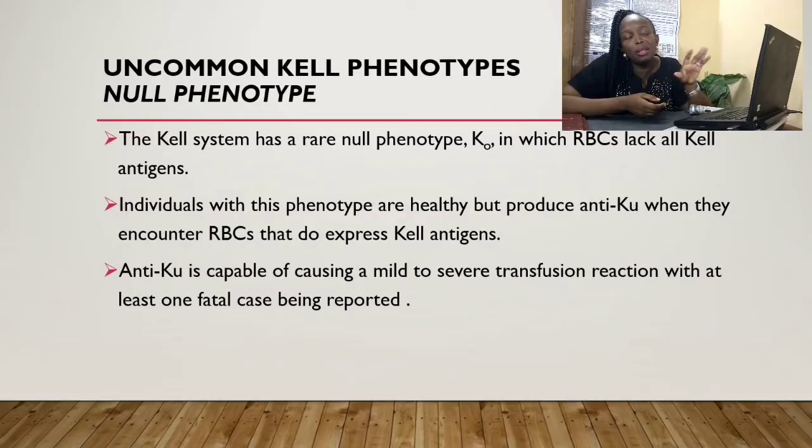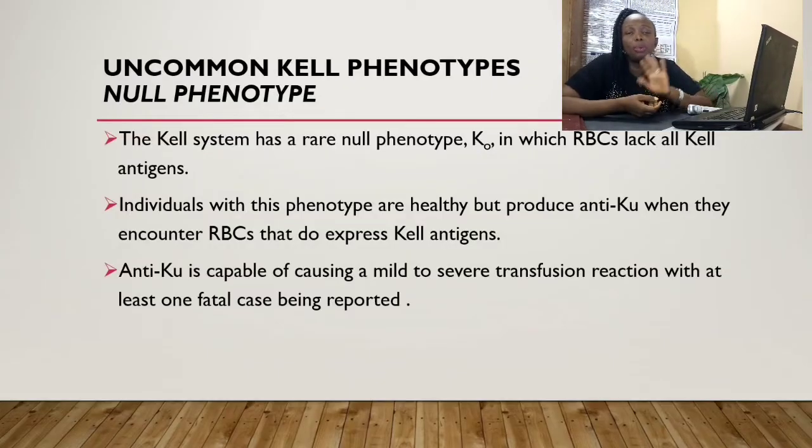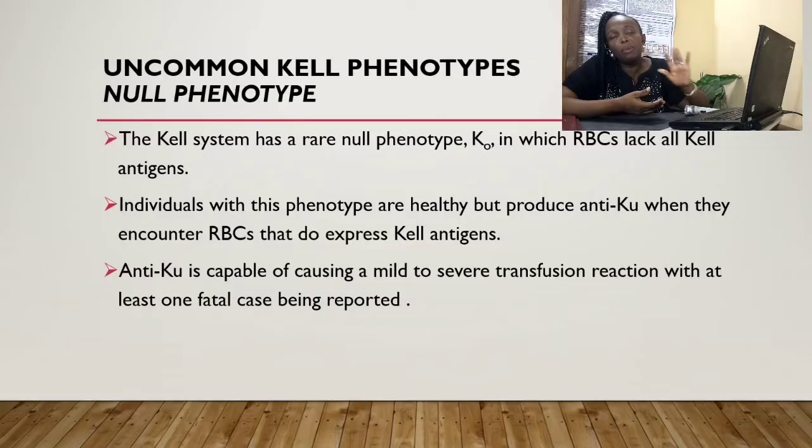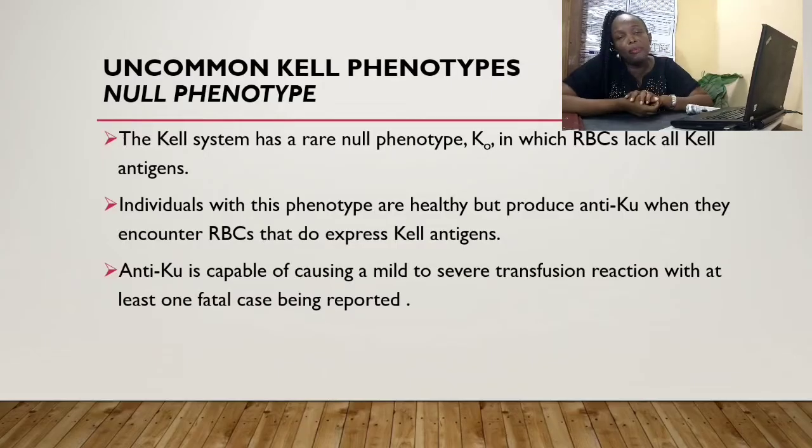So for this particular set of individuals, when they are in need of blood, the individual that will donate blood to them should have the same null phenotype. They can only collect blood from people that have the Kell null phenotype.